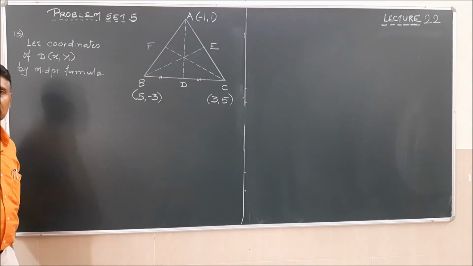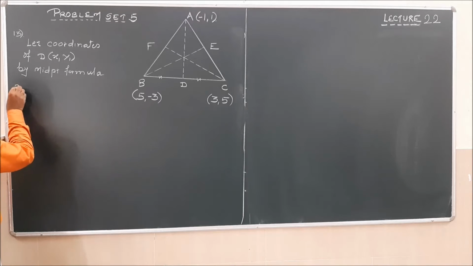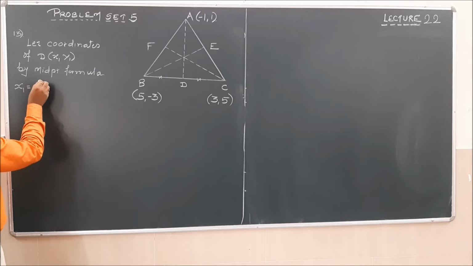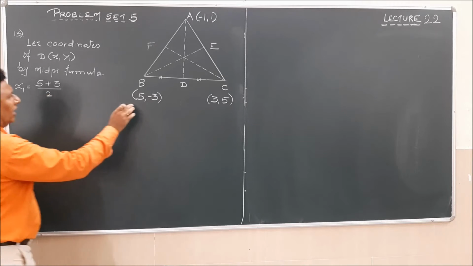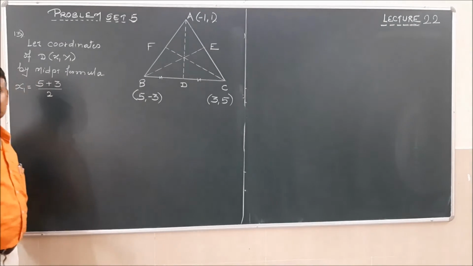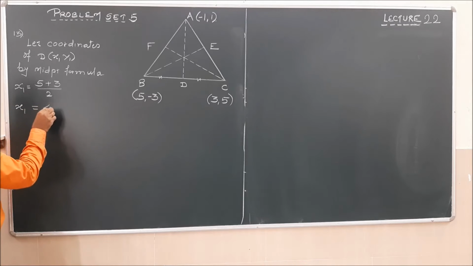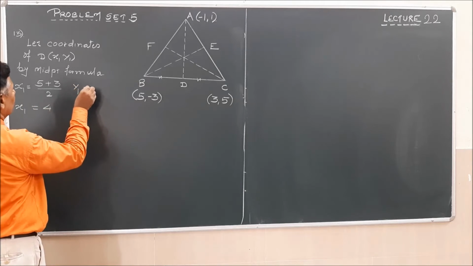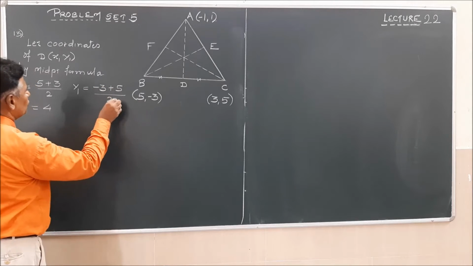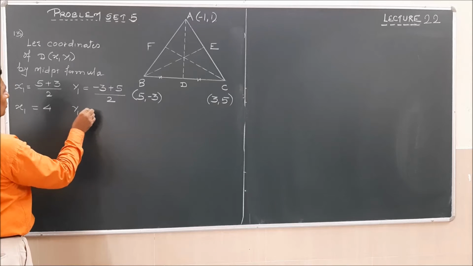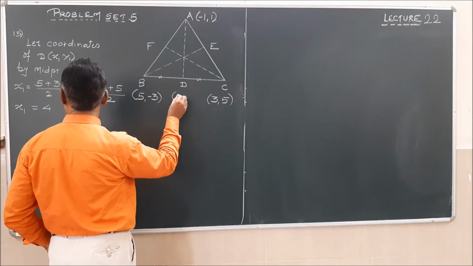So I am going to find out now the coordinates of D. So you will find here coordinates of D, x1 is equal to 5 plus 3 upon 2, sum of the x coordinates upon 2. So x1 is 8 upon 2, that is 4. Likewise, you will find y1 is equal to minus 3 plus 5 upon 2. So 5 minus 3 is 2. 2 upon 2 is 1. So we will be getting the coordinates of D as 4, 1 by midpoint formula.